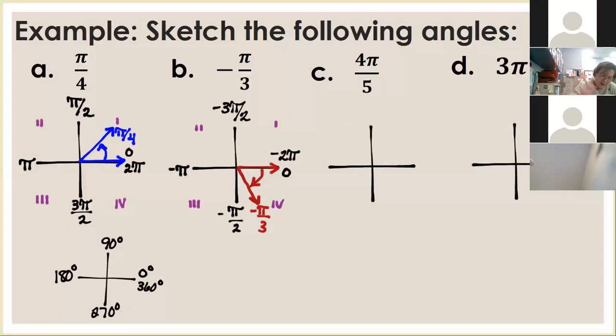All right, clockwise or counterclockwise on C? Counterclockwise. So I've got my positive angles, 0, pi over 2, pi, 3 pi over 2, and one full rotation would take me around to 2 pi.